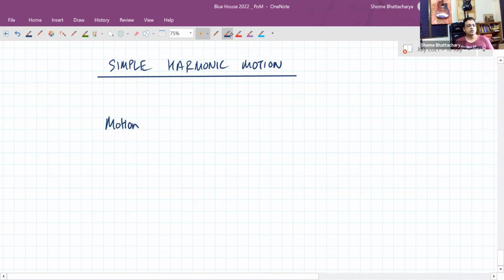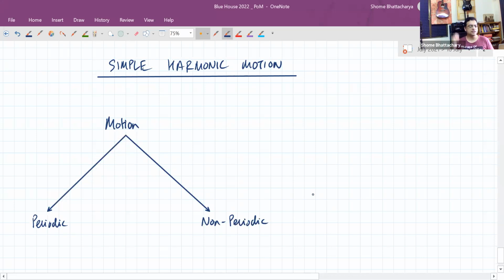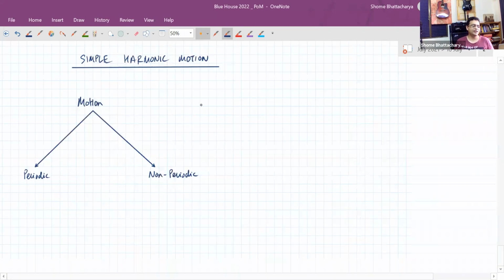Now based on whether motion is periodic or not, motion can be divided into two categories: periodic motion, which repeats itself with a definite time period, and non-periodic motion that does not repeat itself. Of course, nothing in the universe can be perfectly periodic.